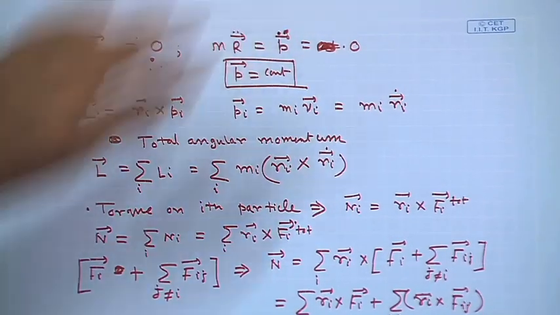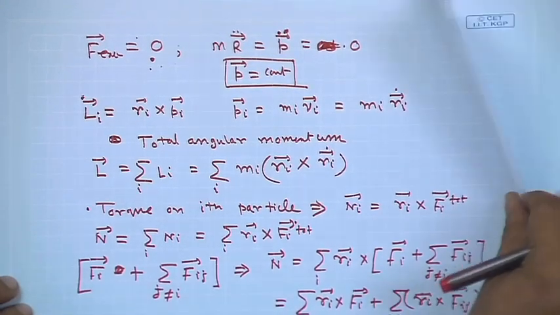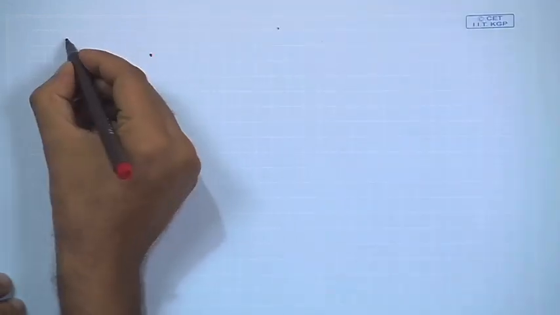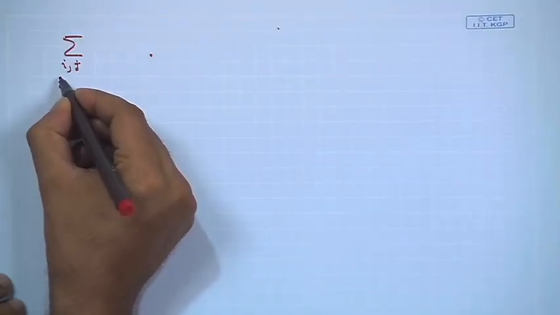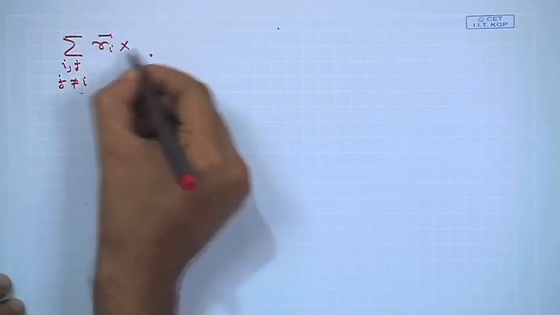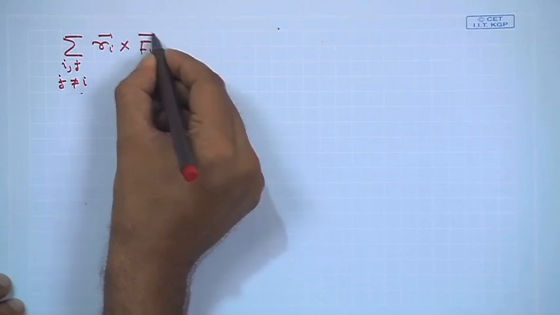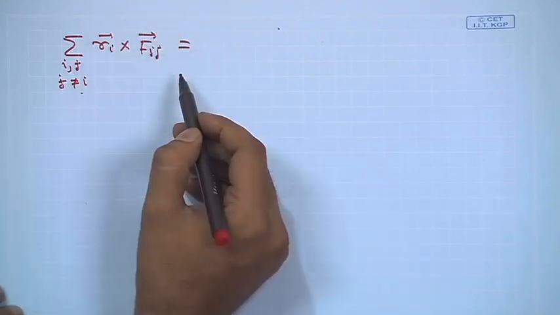Now, if I examine this particular sum, I will write it again: sum over i and j not equal to i of r_i cross F_ij. Essentially, I am trying to calculate the torque due to internal forces.